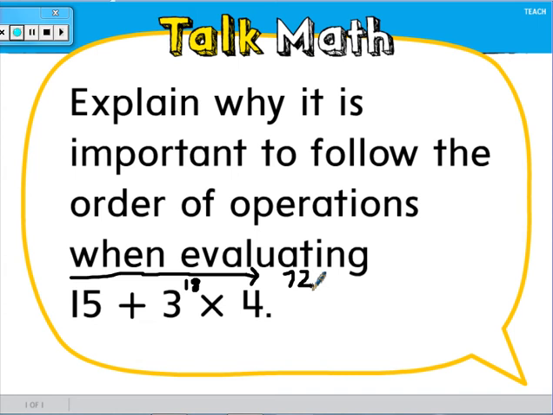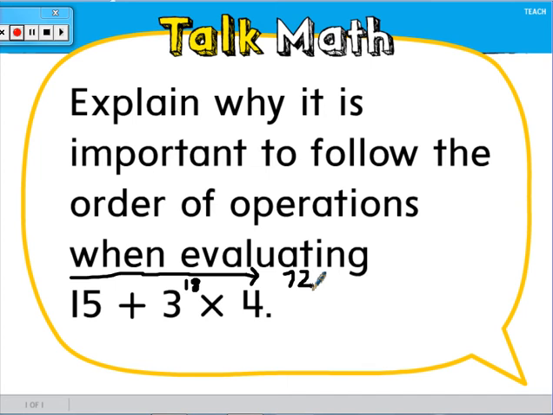What would the correct order be according to order of operation? What would the correct order be?